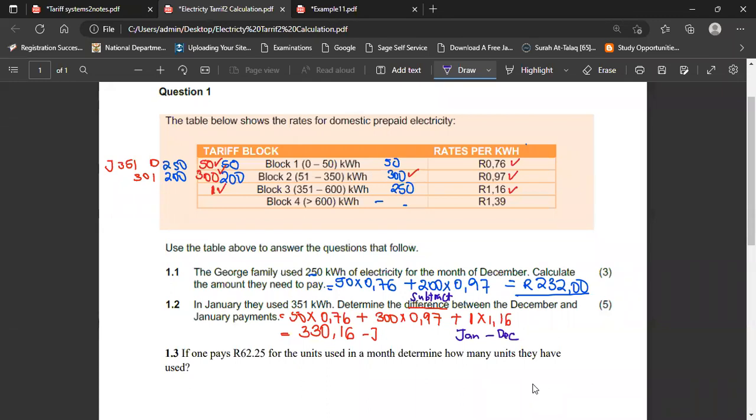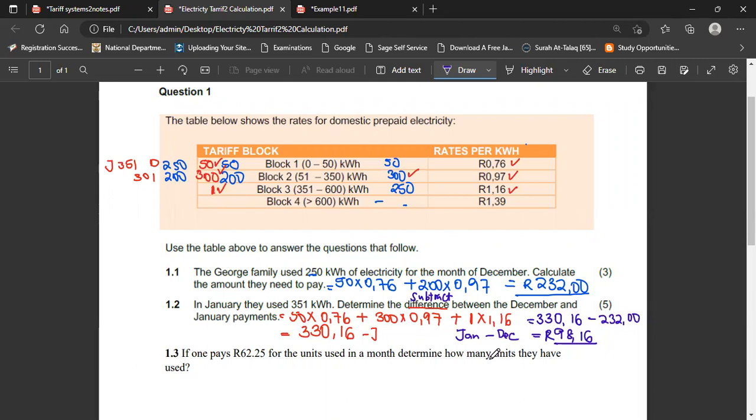So the cost in January was 330 rands 16 cents minus 232 rands. So what is the difference? Subtract and find out the answer. So the difference is 98 rand 16 cents. That's what it simply means.